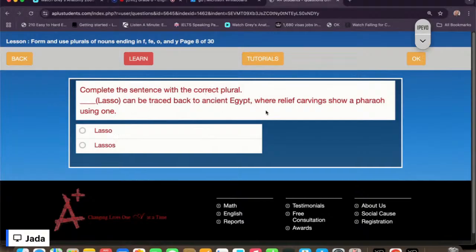Lassos can be traced back to ancient Egypt, where relief carvings show a pharaoh using one. First or second.